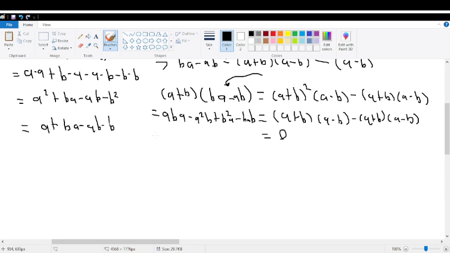So we have aba minus ab plus ba minus bab is equal to 0. And from this, we have two important identities, but I'll only mention one for now. We have that ba minus ab is equal to bab minus aba.